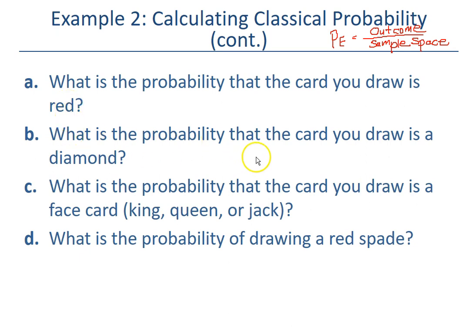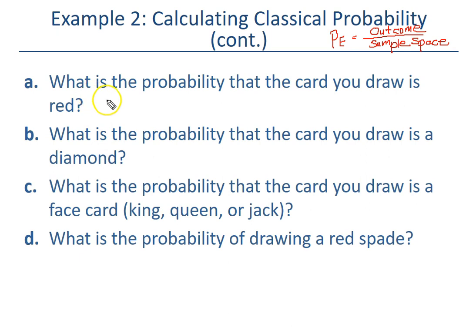What is the probability that the card you draw is a diamond? What is the probability that the card you draw is a face card? What is the probability of drawing a red spade? So this goes through it, but let's look at it ourselves here too.